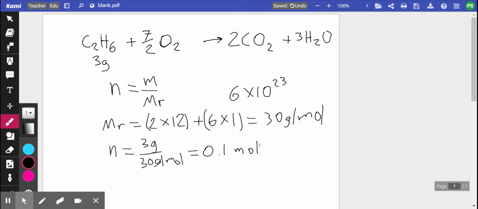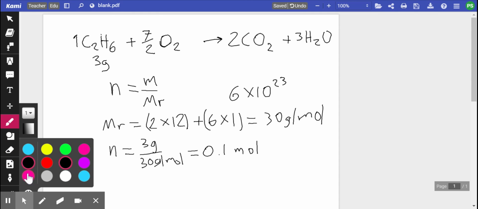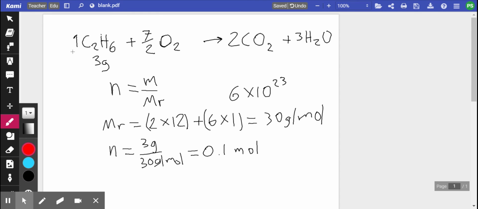Now, this is where confusion usually occurs for students. So this balanced equation is telling us the ratio of the different reactants and products. So in front of ethane, there's no number, which is equivalent to saying there's one of them. For every 1 ethane molecule, we make 2 CO2 molecules. So the ratio is 1 to 2.